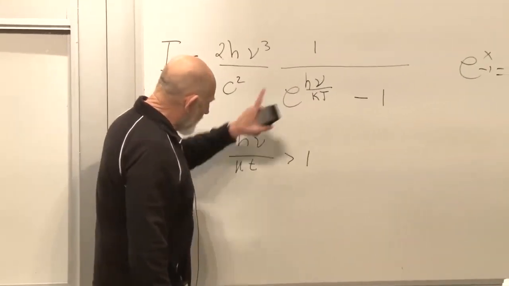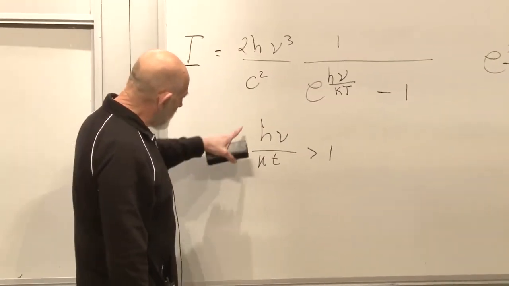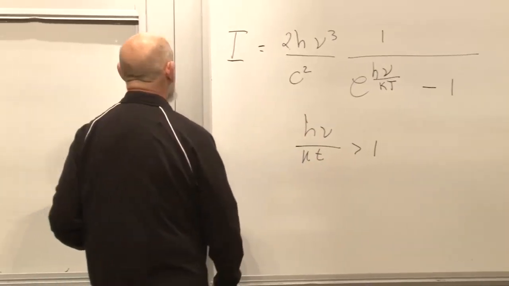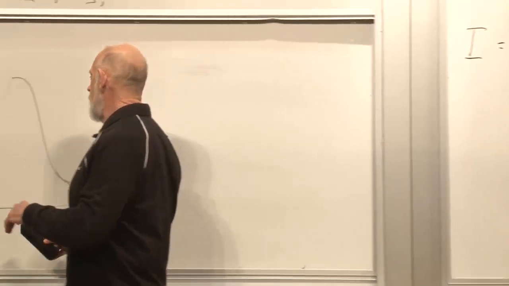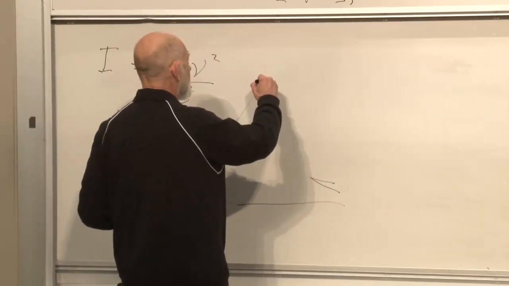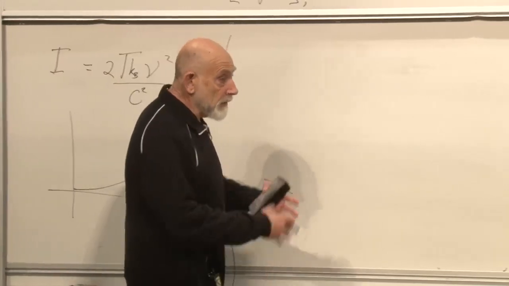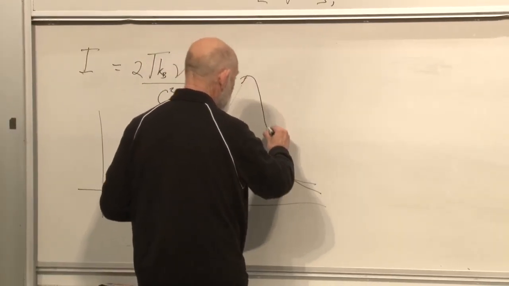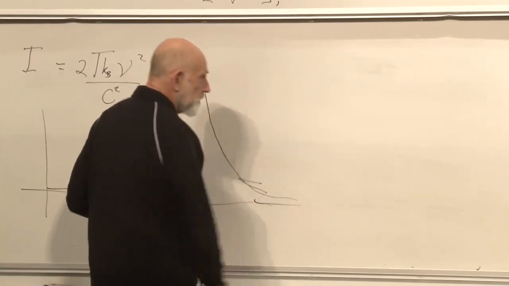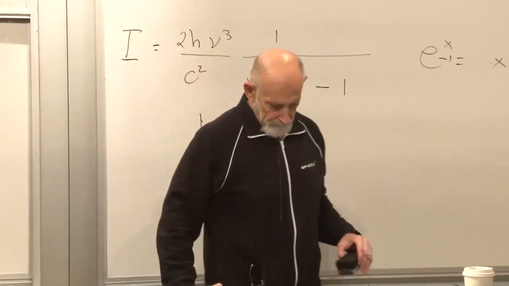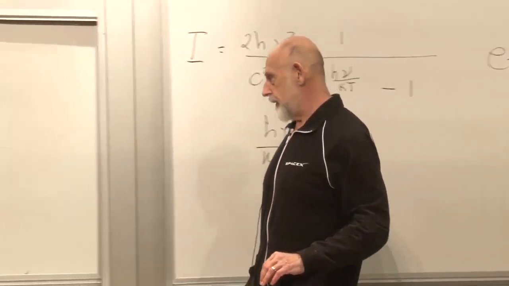So there's a crossover point, when h nu over kT is about equal to 1. Instead of this curve continuing up and up and up like a parabola, it rather suddenly turns over and goes exponentially to 0, thus solving the ultraviolet problem, the ultraviolet catastrophe.